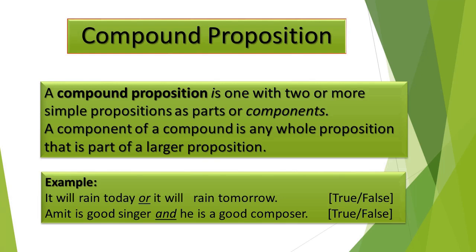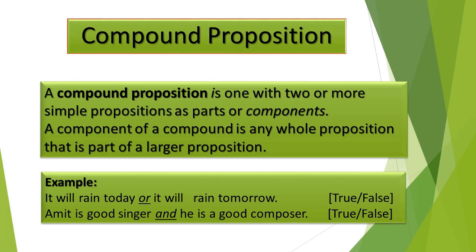Let's take another example. Amit is a good singer. One simple proposition. Another simple proposition, Amit is a good composer. Now we can form a compound proposition by joining these two simple propositions by another connective called and.